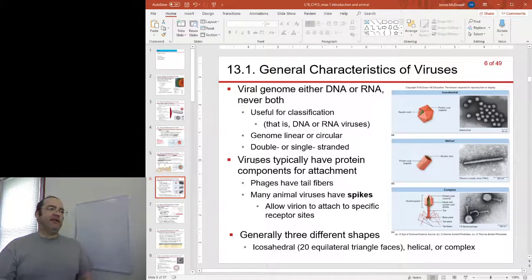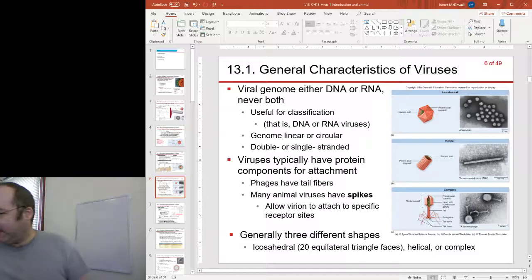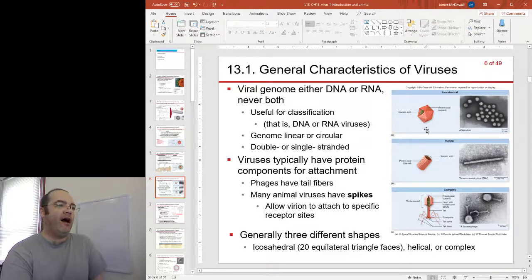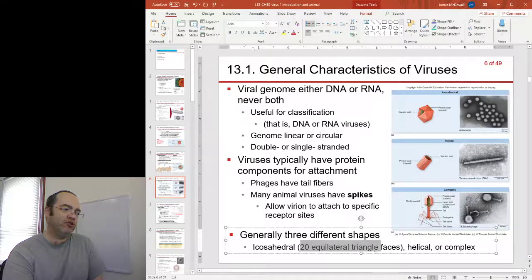On to slide 6, virus shapes, and in the textbook on page 335 there are virus shapes. Icosahedrals, these are a shape made up of triangles, 20 equilateral triangle faces.